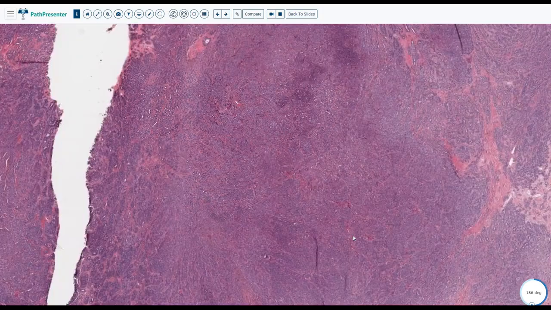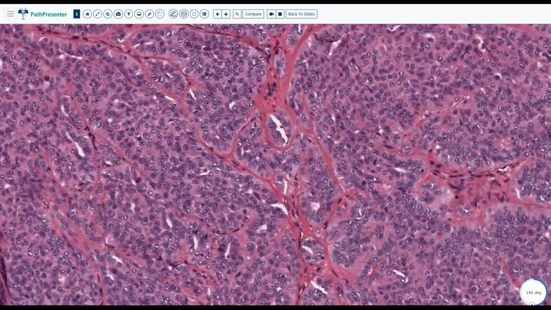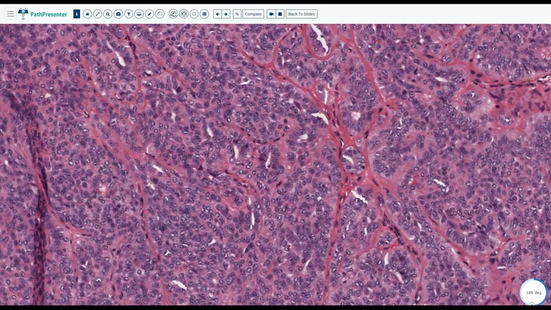The cells grow, and the striking feature here is that they are monotonous. They have enough cytoplasm actually to call them myoid, so probably I won't use this word in this particular case, because you see there is some cytoplasm. It's good.